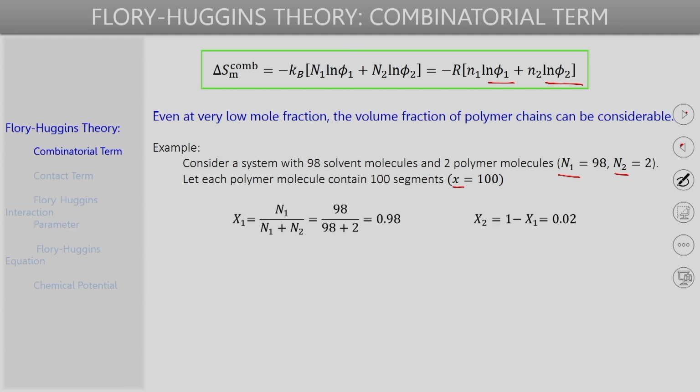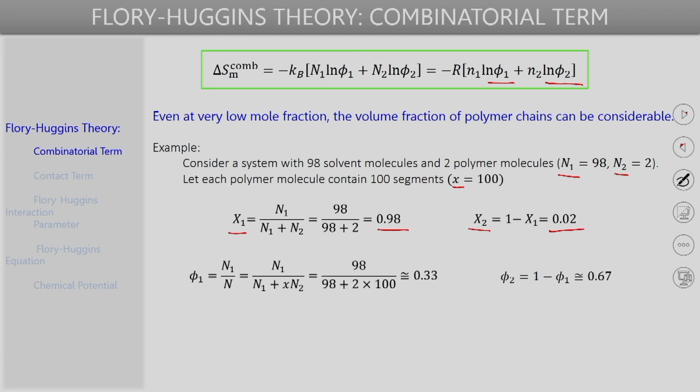Now, let us first calculate the mole fractions. The mole fraction x1, which is N1 by N1 plus N2, comes out to 0.98 for the solvent, and x2, the mole fraction for the polymer, will be 1 minus x1, which is 0.02. So, we have a binary mixture here, and the sum of mole fractions will be 1.